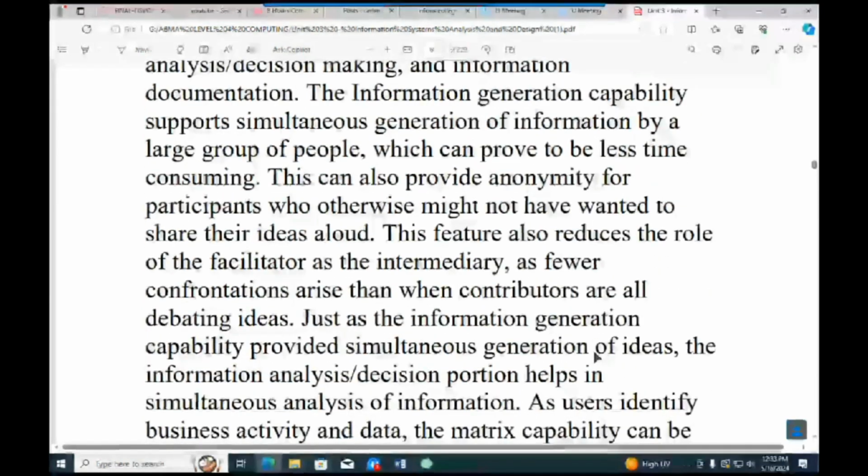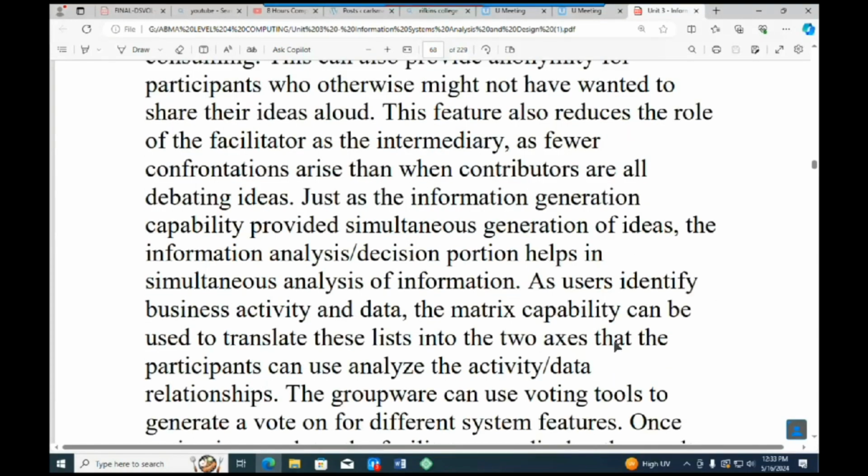It is going to provide anonymity for participants who otherwise might not have wanted to share their ideas aloud. So it is a feature that reduces the role of the facilitator as the intermediary here, because we have fewer confrontations arising than when we have contributors all debating ideas.